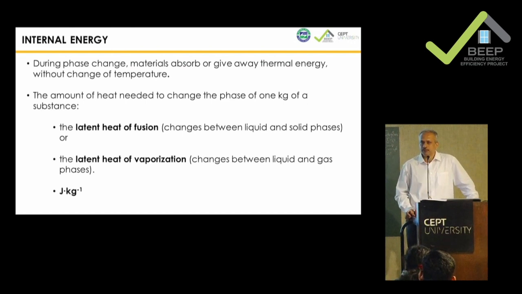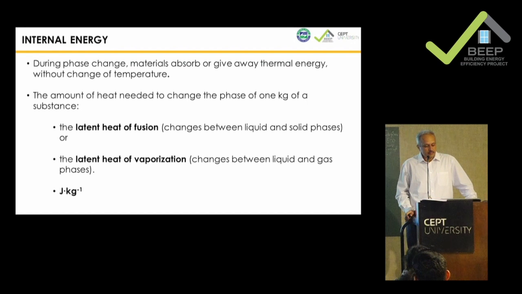It does not change its temperature, but it does change its phase to get you a certain kind of output. We will talk about phase change materials when we go to a lab a day after.